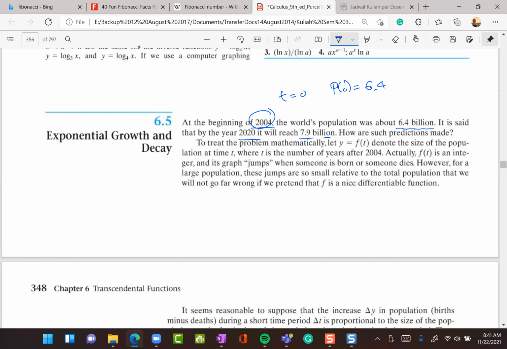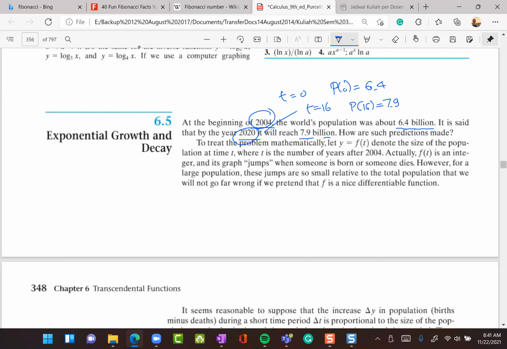By year 2020, that is 16 years after, t equals 16, the prediction is 7.9.